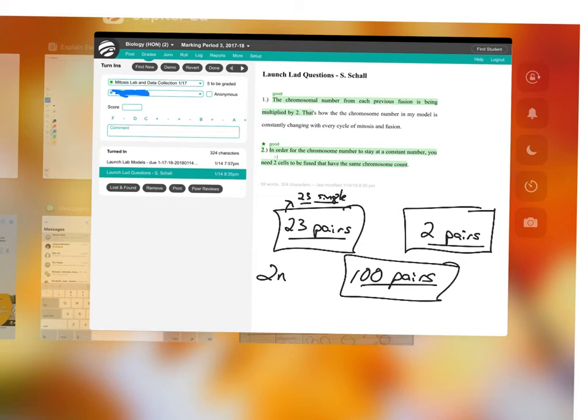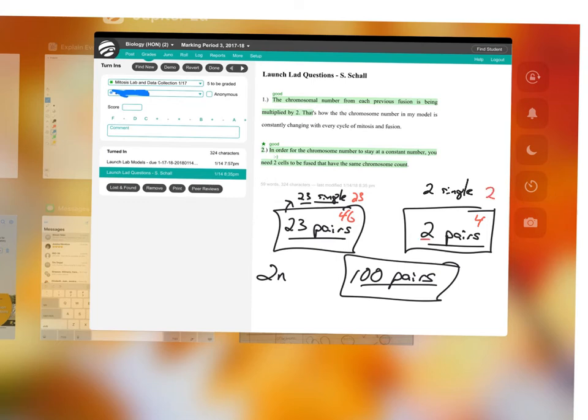Instead of 46, which is the 2N, it went to 23. In this species over here, you'd go from 2 pairs, one from mom, one from dad, to 2 single chromosomes. So you went from 4, right, to 2.